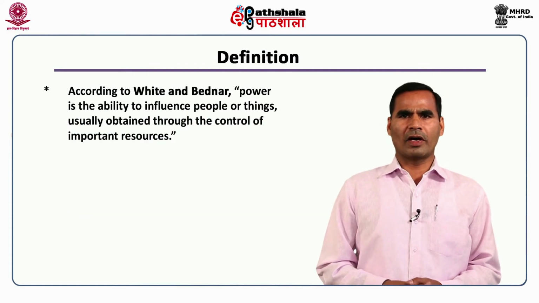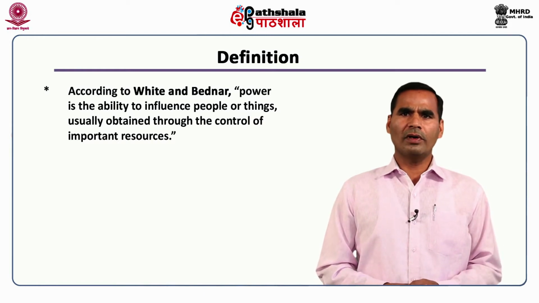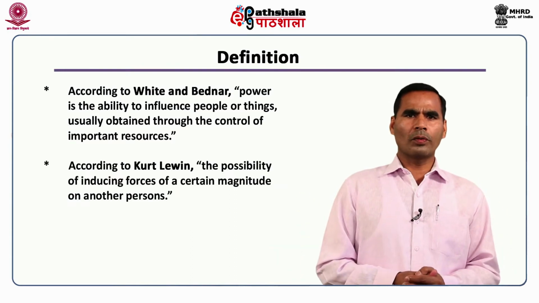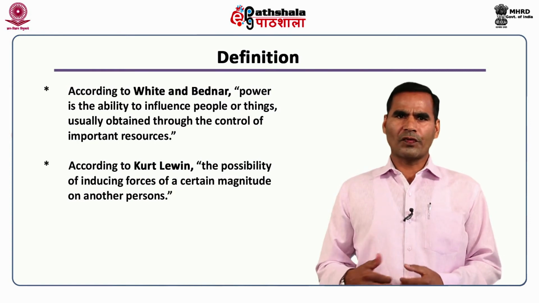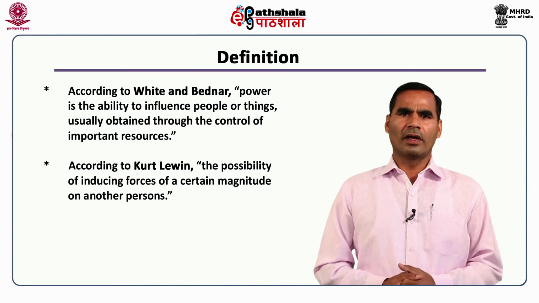Another definition of power is the ability to influence people or things, usually obtained through the control of important resources. According to Kurt Lewin, it is the possibility of inducing forces of a certain magnitude on another person.